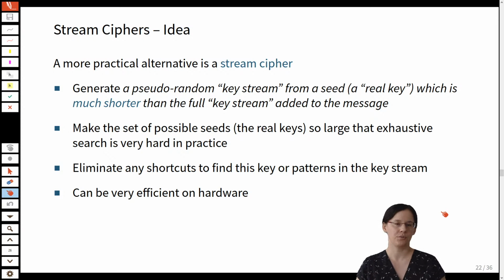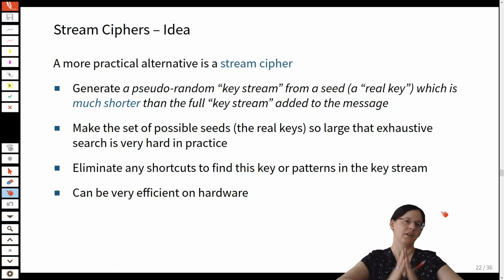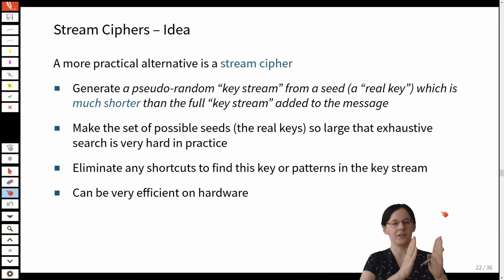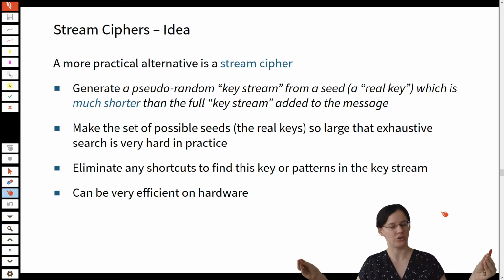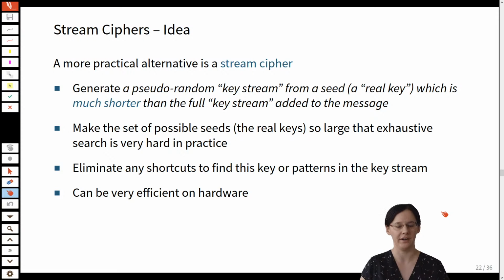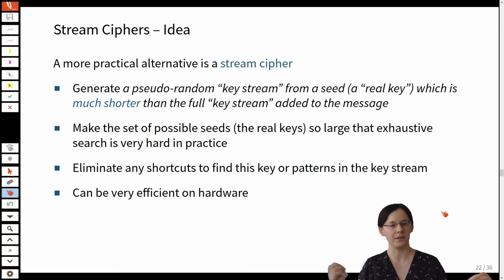So the goal is to not have one huge key, but to have only a small key and to use a random number generator essentially to expand this short key or short seed to a long string of random looking key material, the key stream. And the original small key, so the seed, should still be large enough that brute force isn't possible. And the function that expands should, of course, be secure in some sense.